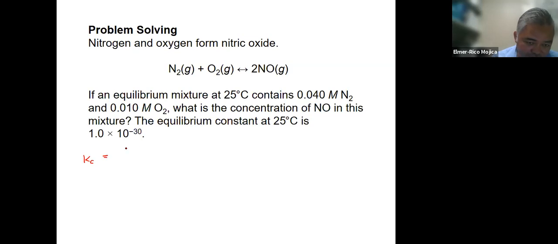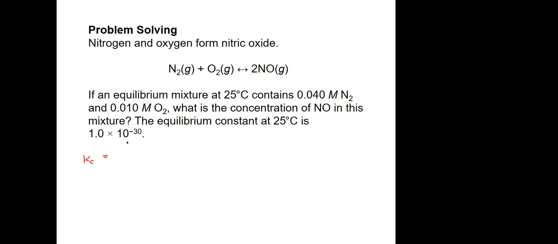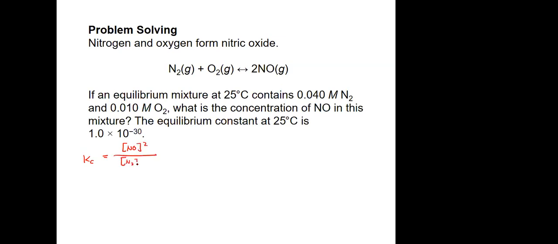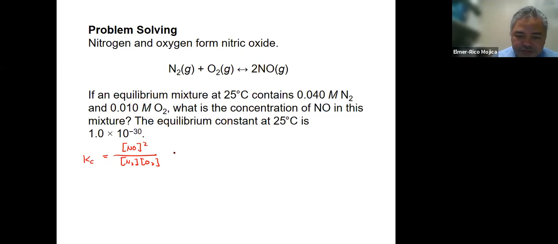So Kc equals NO squared over N2 times O2. What we're going to do here is replace it with whatever value is given.